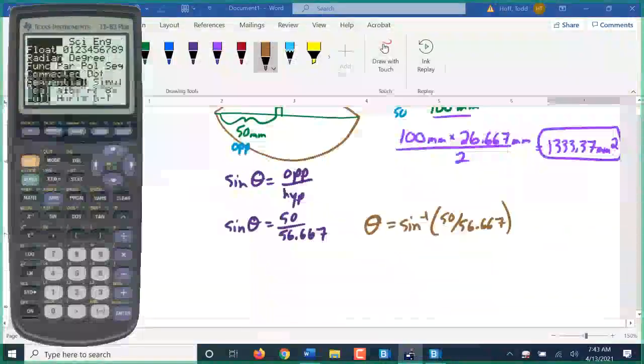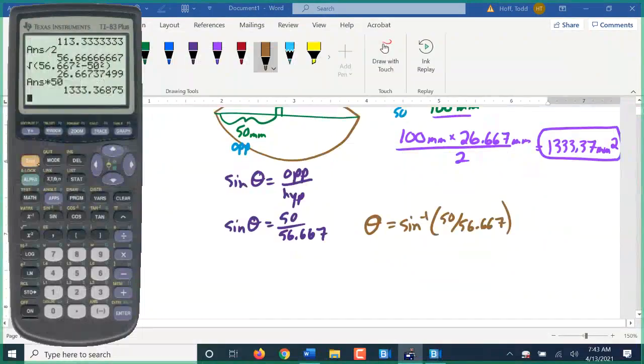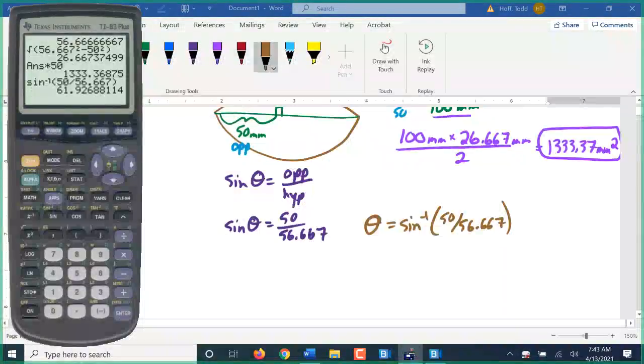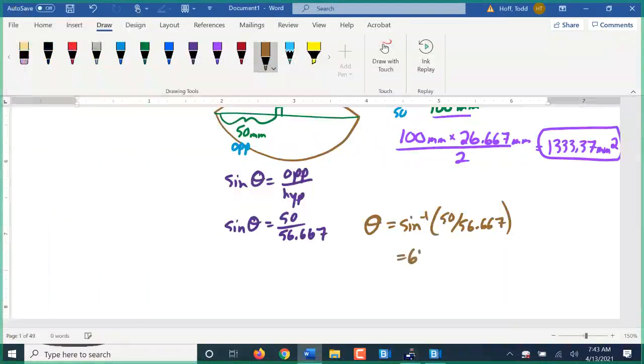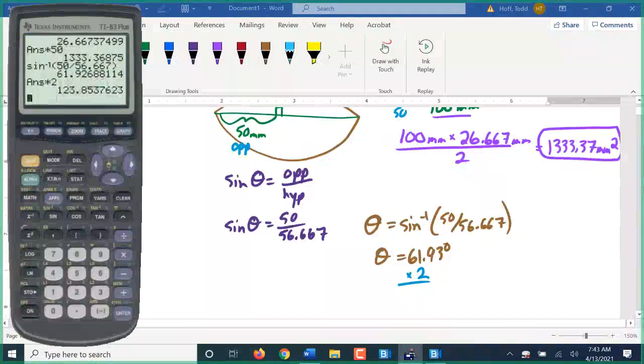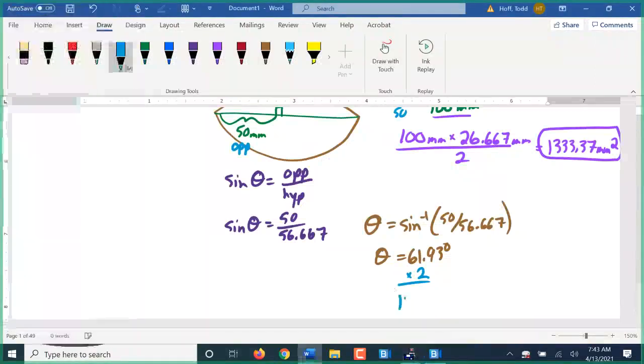Make sure my settings are correct here for the day. Inverse sine of 50 divided by 56.667 gives us 61.93 degrees. Now I'm going to multiply that by 2 to get the whole angle, so 123.85.